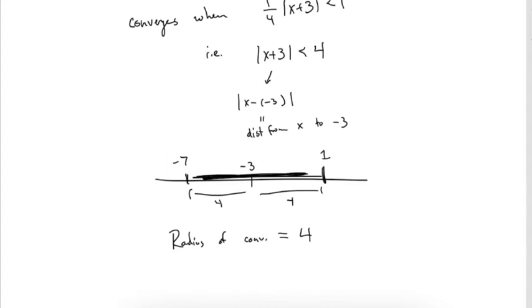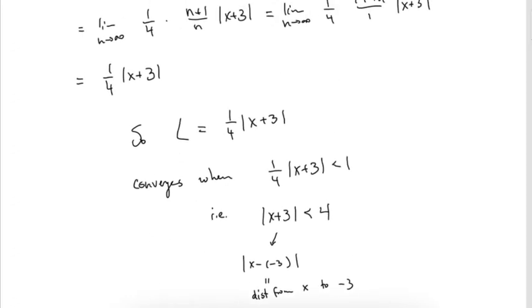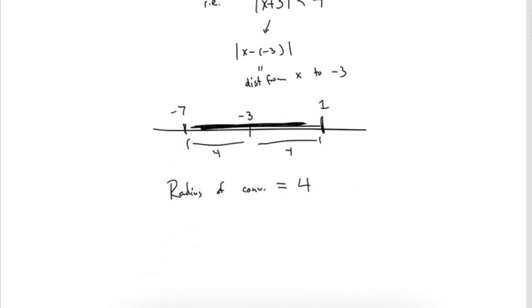This is how you find the radius of convergence. Let me point out a little trick here. The L was 1/4 times absolute value x plus 3. You're going to be doing a bunch of these on the homework.